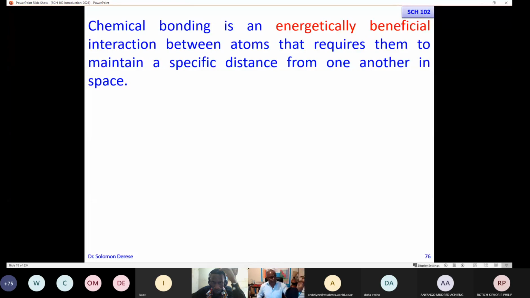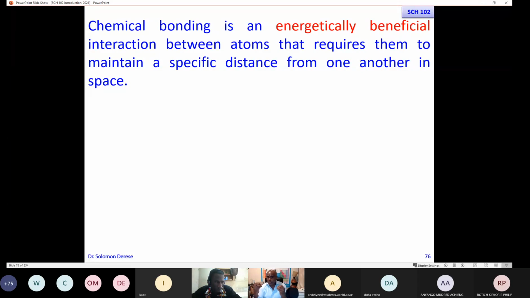You bring one hydrogen atom and another hydrogen atom close to one another. They are going to attract each other because the nucleus of one hydrogen atom is positively charged, while the electron of the other hydrogen atom is negatively charged. Opposite charges attract each other.